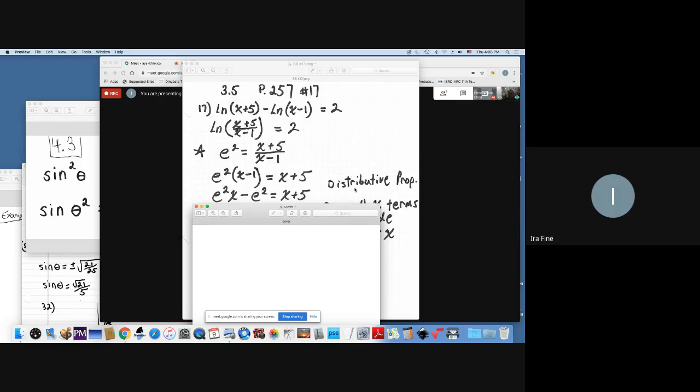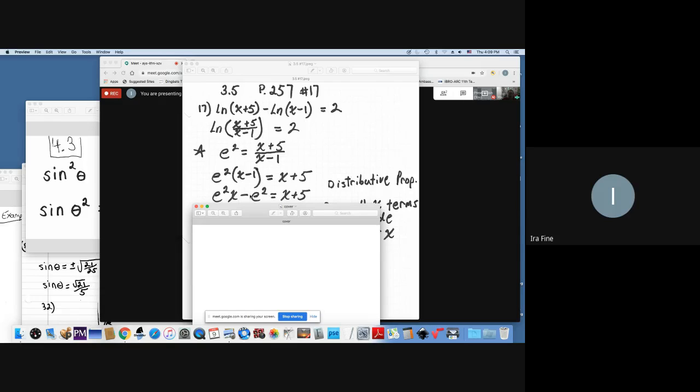Then we use the distributive property. The reason we're doing that is because this e squared is linked by multiplication to the x minus 1 here. We want to get them as separate parts. So we get e squared times x minus e squared times 1 equals this, right?